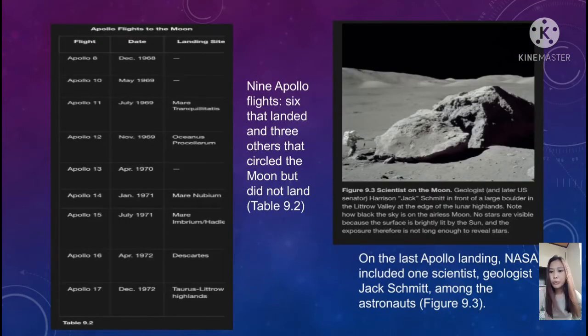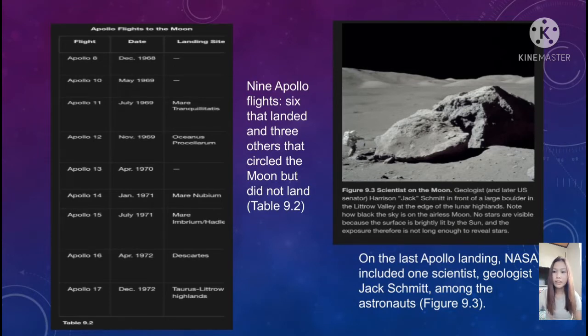Table 9.2 summarizes the 9 Apollo flights, 6 that landed and 3 others that circled the moon but did not land. The initial landings were on flat plains selected for safety reasons, but with increasing experience and confidence, NASA targeted the last 3 missions to more geologically interesting locales.